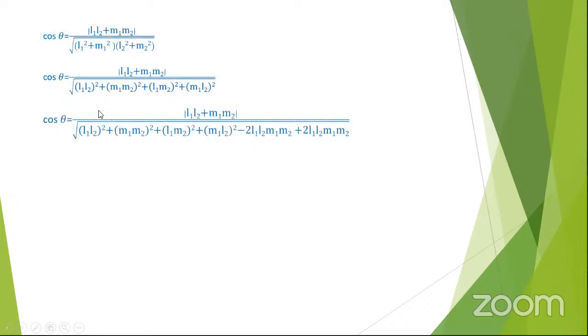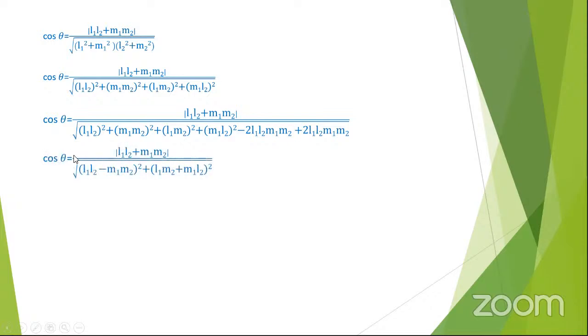In the similar way, M1 square into M2 square gives (M1 M2) whole square, plus (L1 M2) whole square plus (M1 L2) whole square. Now in the denominator, we are adding as well as subtracting 2 L1 L2 M1 M2.